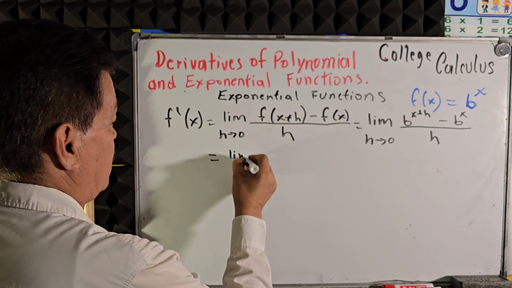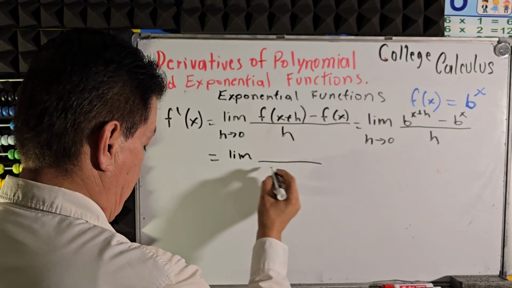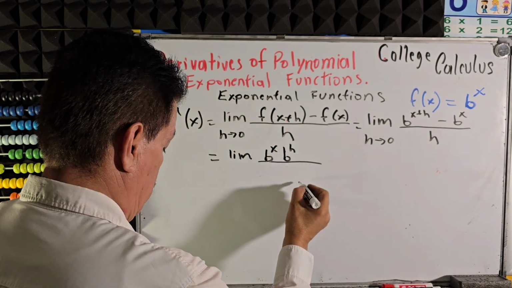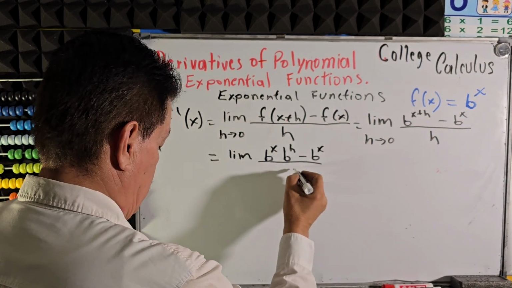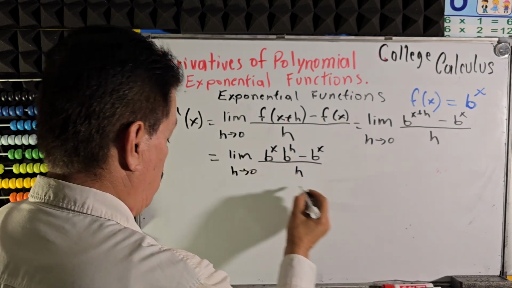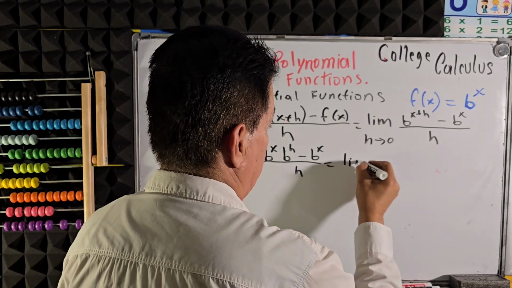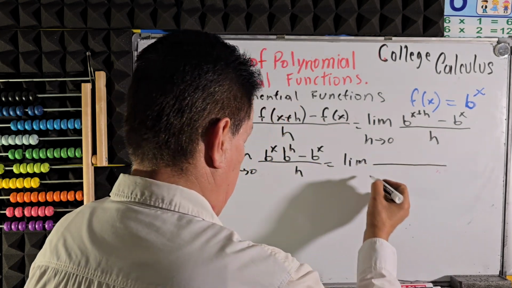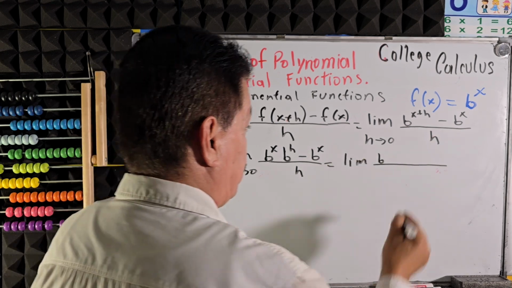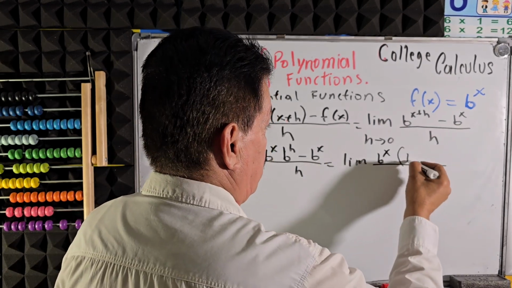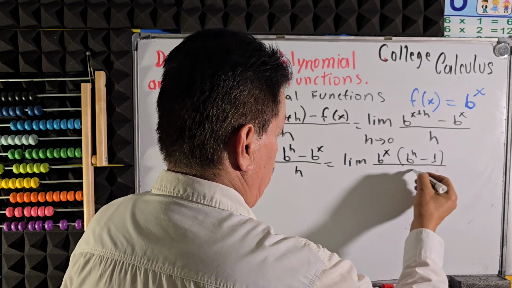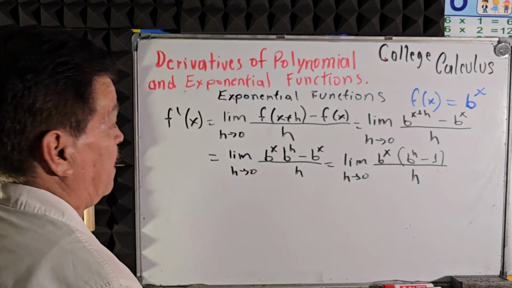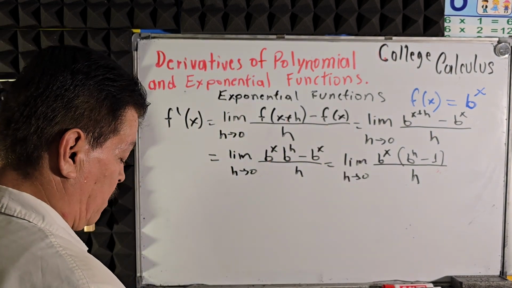We will have the limit of b to the x power times b to the h minus b to the x divided by h when h approaches 0, which equals the limit of b to the x power times b to the h minus 1 divided by h when h approaches 0. That's the formula. That's the rule. It's a property, okay?